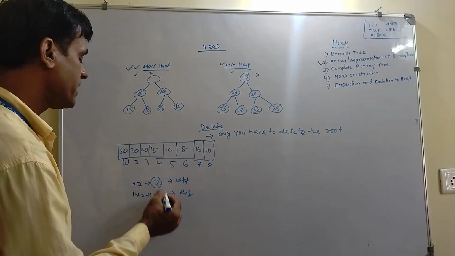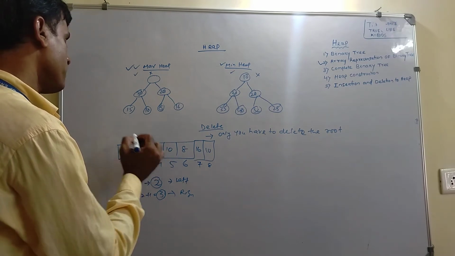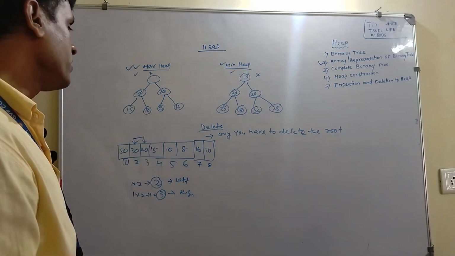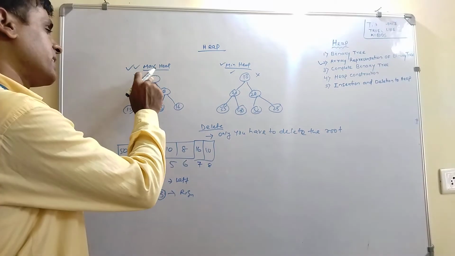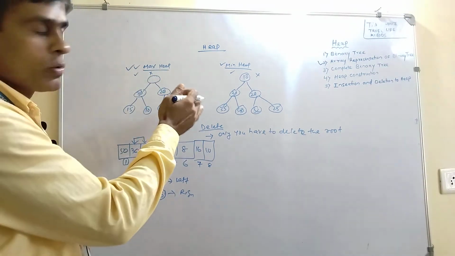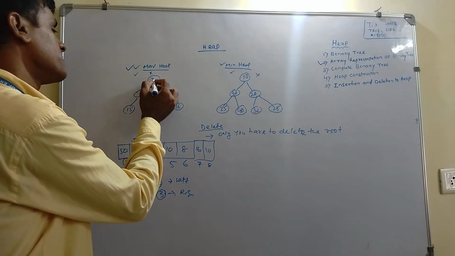So you have to compare the 2nd and 3rd index, that is 20 and 30. Whoever is greater will take its place. That means here 30 is greater. In the case of a max heap, 30 will be placed in this place.